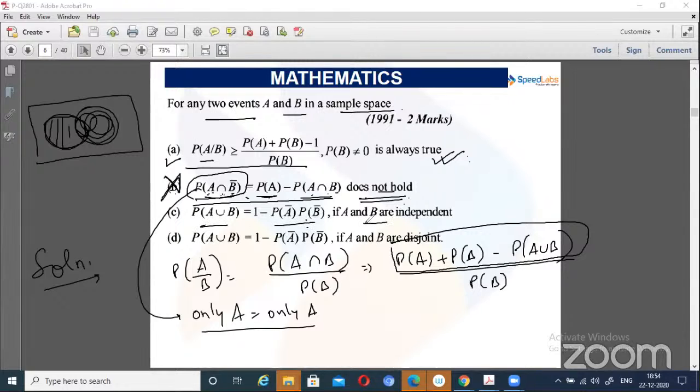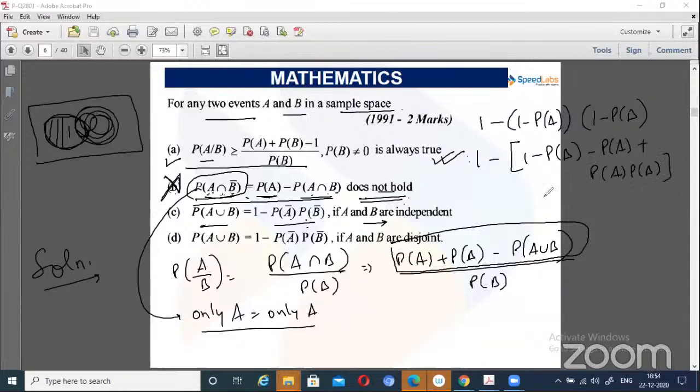Okay, if A and B are independent then what will happen? 1 minus, let's say P of A complement is 1 minus P of A, into 1 minus P of B, which is equal to 1 minus P of B minus P of A plus P of A into P of B, which is equal to 1 minus 1 plus PB plus PA minus PA into PB, which is PA plus PB minus PA into PB, which is correct.